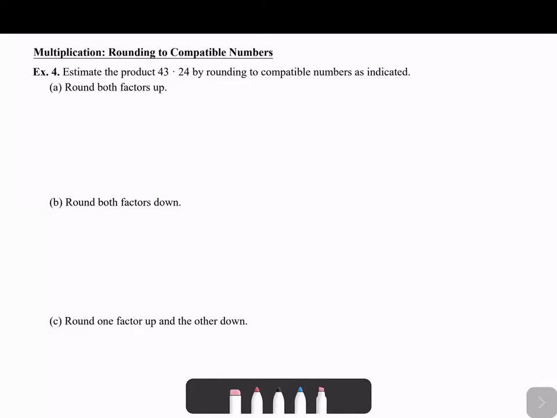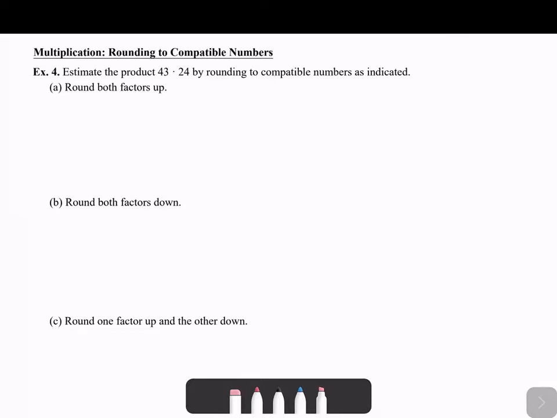So we are told in this example to estimate the product of 43 and 24 by rounding to compatible numbers as indicated. So this first part A tells us to round both numbers up. So what I'm going to do here to round both numbers up is I'm just going to round them up in the tens place.